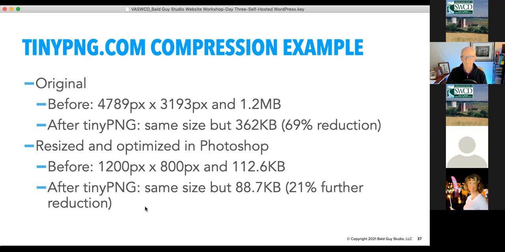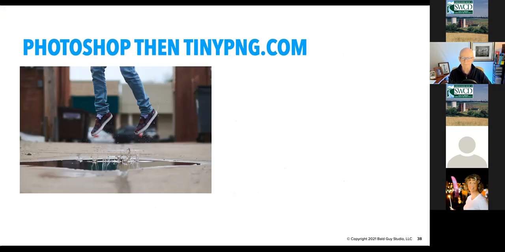And then I uploaded it to TinyPNG to see what would happen. And again, it came back at 1200 by 800, but now from 112 kilobytes, it had reduced down to 88.7 kilobytes, which resulted in a 21% further reduction. So I thought this was interesting. I just wanted to show you these side by side. So this is the image.